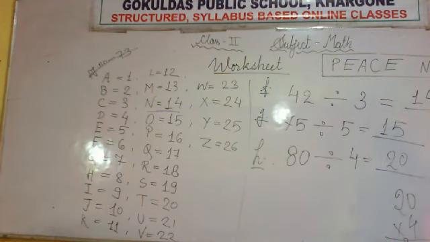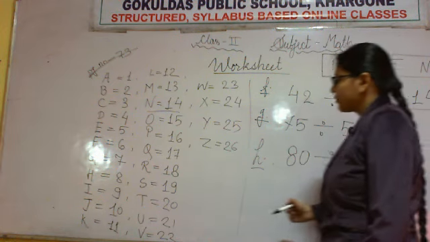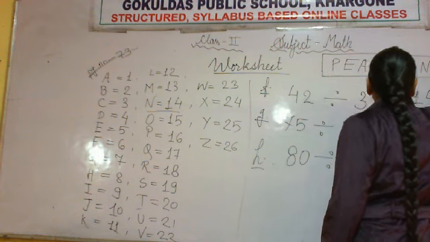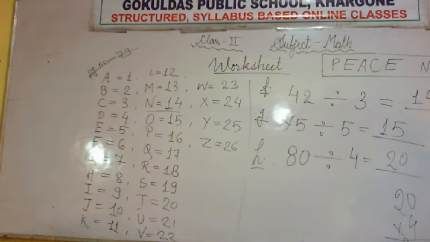Okay students? So let's check for number 20. Number 20 is for letter T. So N-O-T. Our next word in the message is N-O-T, not.